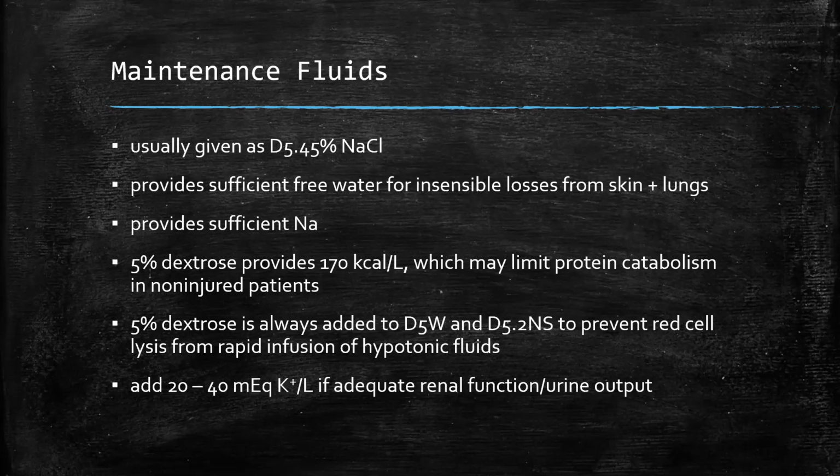Remember, we talked last week about a patient who's fasting. If we give them nothing at all, then to make glucose, they're going to have to catabolize some protein. So the idea is we give them some glucose in a non-stress situation that will limit protein catabolism. That's the intent here.